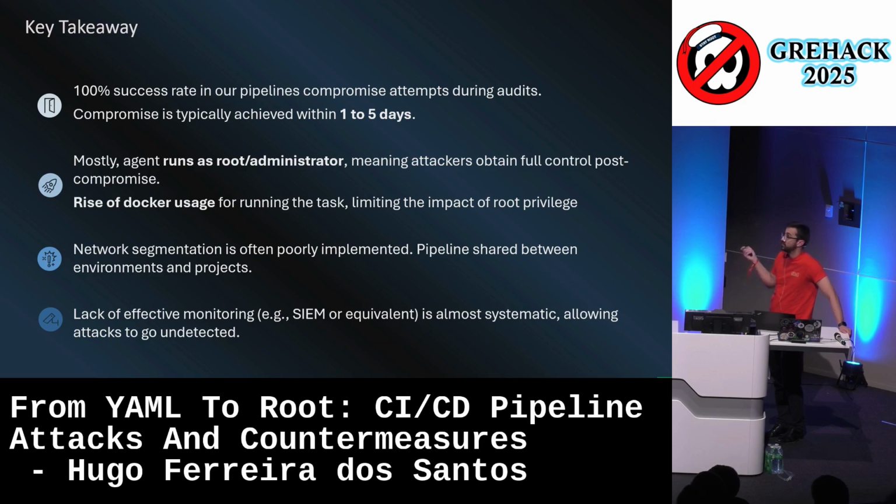And finally, the lack of effective monitoring. Usually when you are able to execute code on the pipeline, you can do what you want because there is no monitoring, or very little monitoring, so all your attacks will go undetected. For instance, the best that I saw in a company on this was on HashiCorp, a little bit like Azure DevOps.